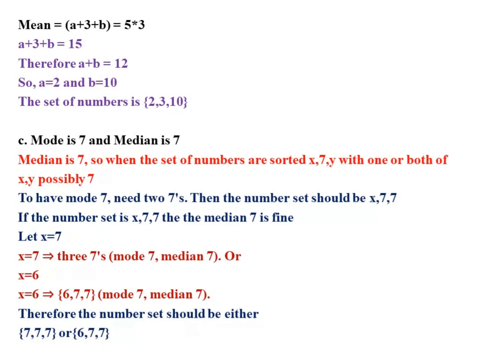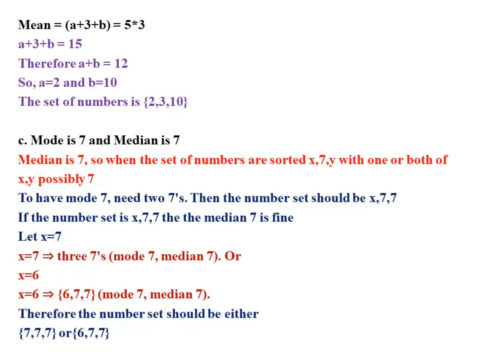Question number 13, part C says to find the three number sets if the mode is 7 and the median is 7. When the median is 7, the numbers are sorted in order. The number set should be x, 7, y, taking x and y as unknown numbers.